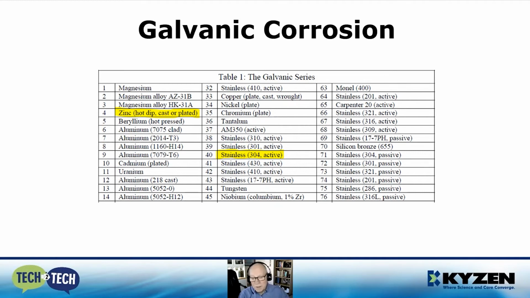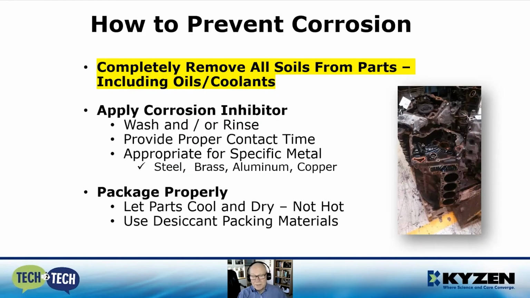And here I've got zinc and stainless steel highlighted. We run into this often with aluminum or zinc die-cast parts where you have a stainless steel machine and you have a water-based medium and you're basically completing a circuit. On zinc die-cast, for example, the corrosion will appear like a white powder.